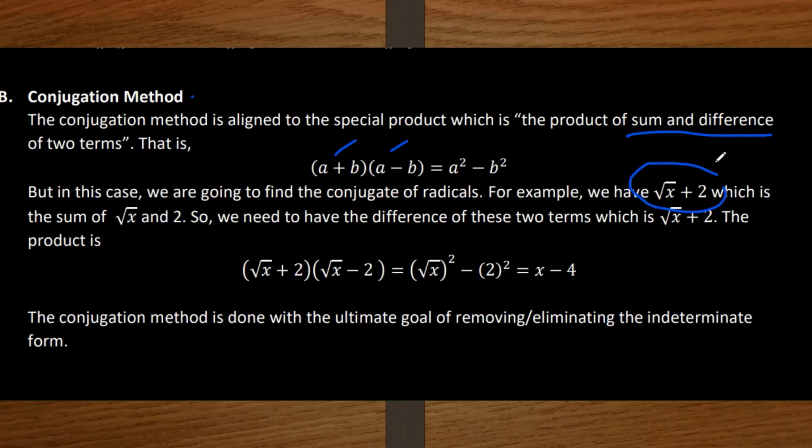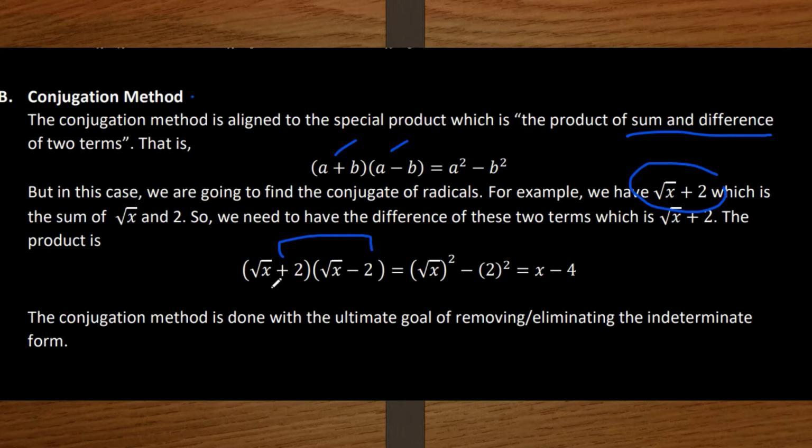Now, usually you will encounter radical numbers, and that radical numbers will remind you of using conjugation. But for what? Our intention here is to remove the reason why we can have that zero. We need to remove that particular expression so that zero in the numerator or zero in the denominator will be removed.